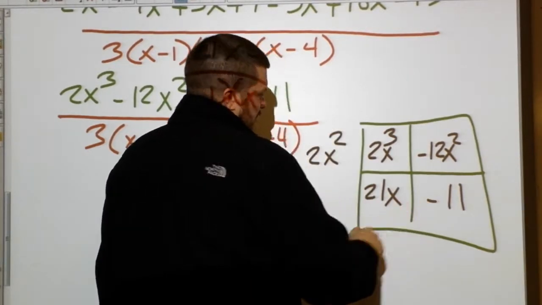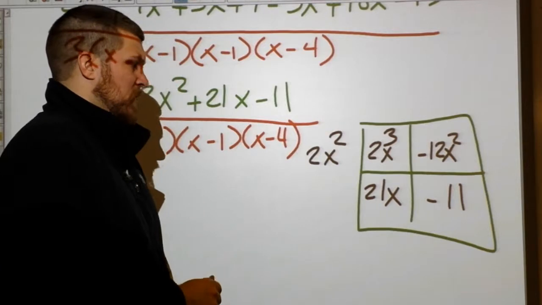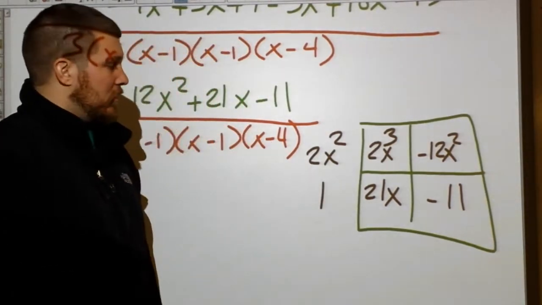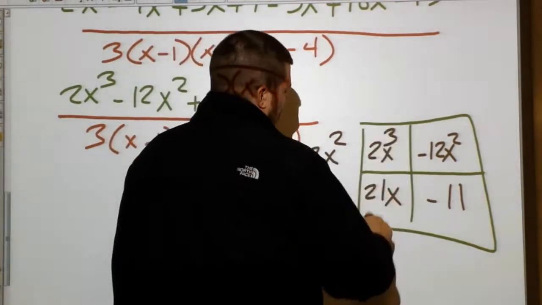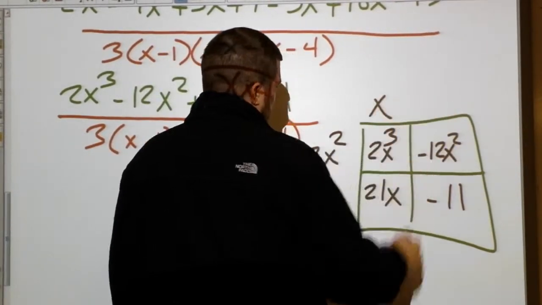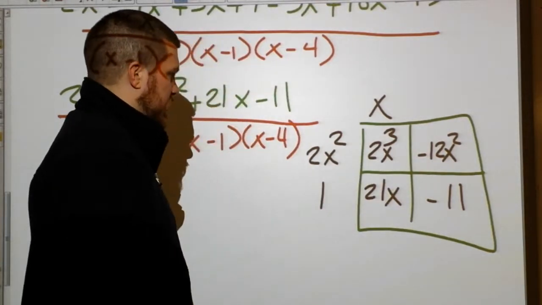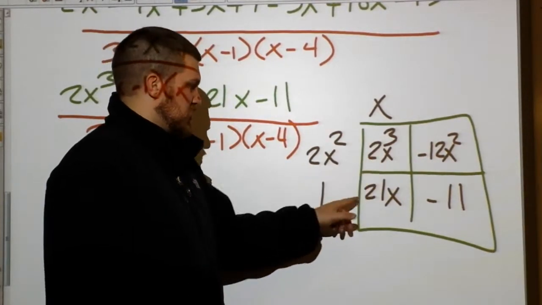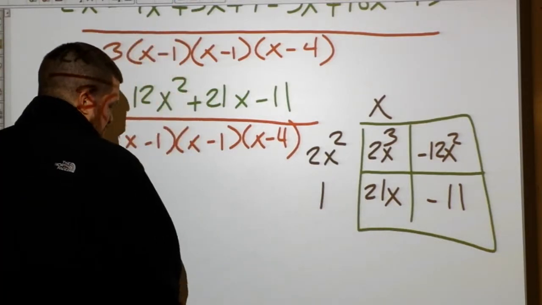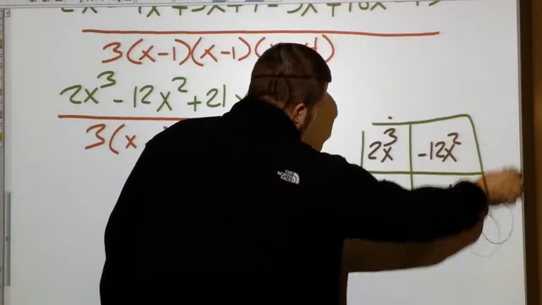And at the bottom, the only thing I'm going to have is a 1. That doesn't really help at all. And then in my left column, my GCF is going to be an x. So automatically I can already see that this is not going to factor because there's nothing I can do to get to this 21x. So like I thought originally, my numerator does not factor.